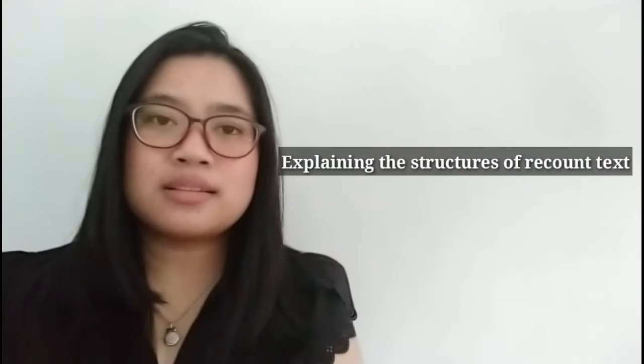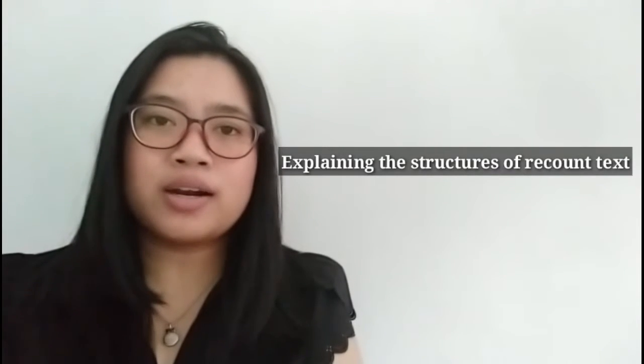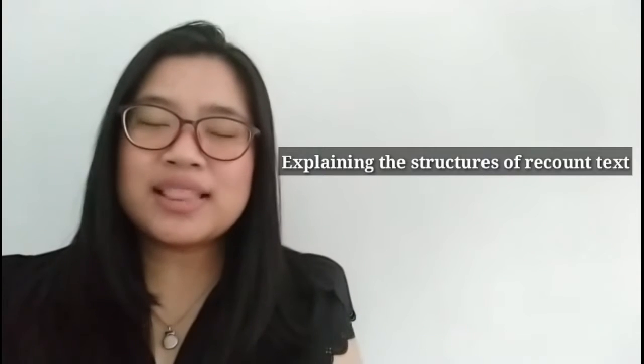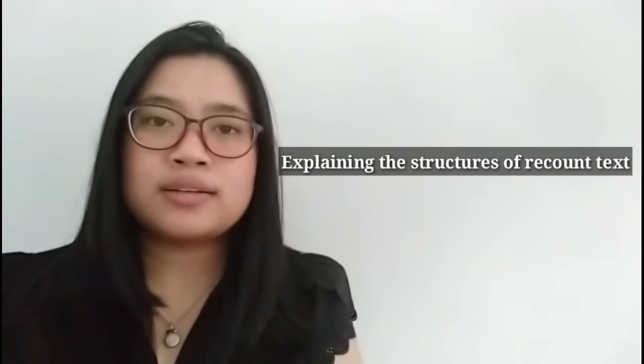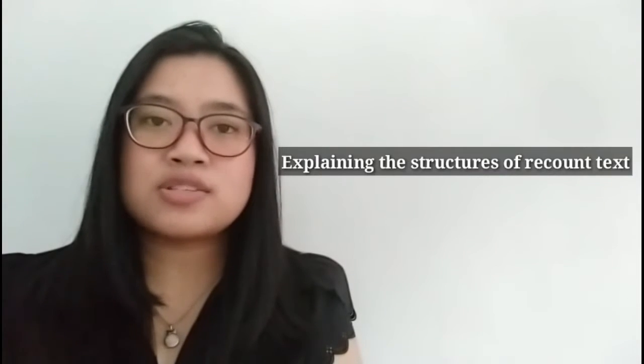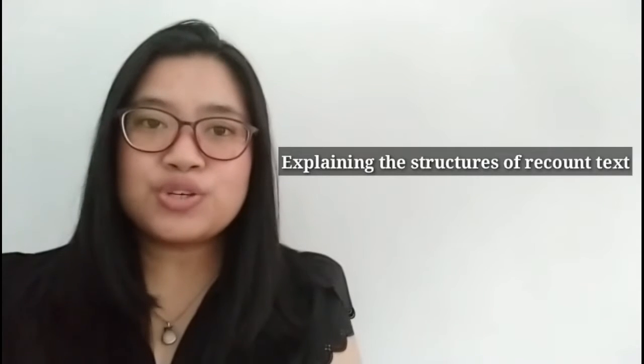After that, the teacher explains the structure of the text, which are orientation or setting, events or the sequence of the story, and reorientation or the conclusion of the story.